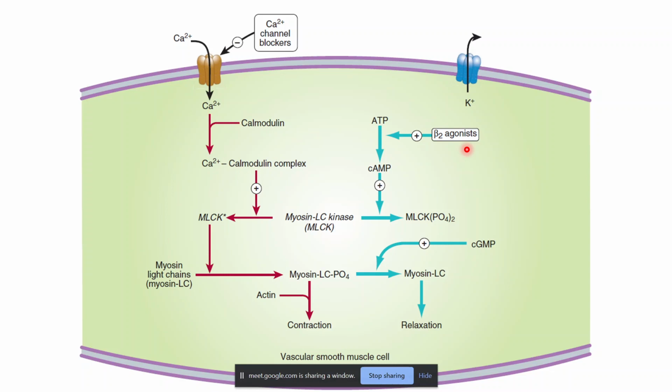So increase in the cyclic adenosine monophosphate, for example, by beta 2 agonist, increases the rate of the inactivation of myosin light chain kinase, the enzyme that would otherwise promote the phosphorylation of the myosin light chain, the reaction with the actin, and contraction.